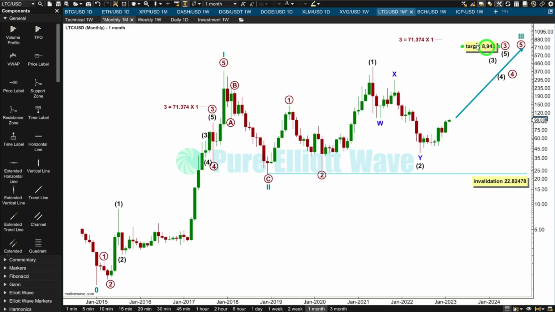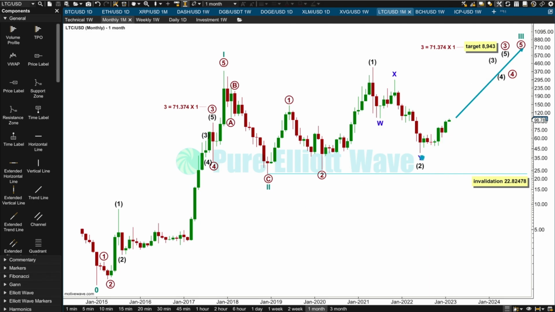Okay, so my potential target, it's a stab in the dark. I don't know if it's going to get there or not, but my potential target for primary 3 is 8,943. I'm just using the ratio between primary 3 and primary 1 within cycle 1. Here, primary 3 was 71.374 times the length of primary 1. If we see that same relationship here, then that's a target. Monthly wave count's looking good.